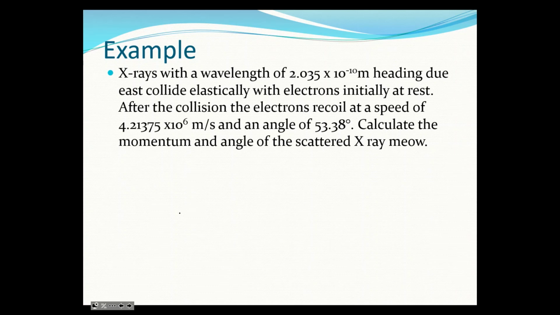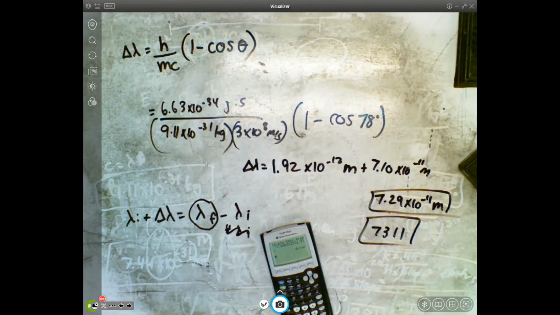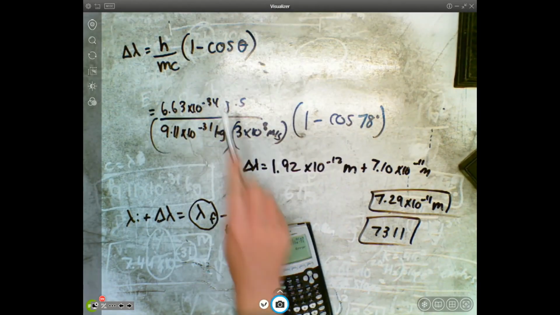Okay, so the reason that you can't use that first formula that I showed you is we don't have the angle of the X-rays. You need the angle of the X-rays to plug that in because the only thing that you're actually putting in here is the angle of that X-ray.